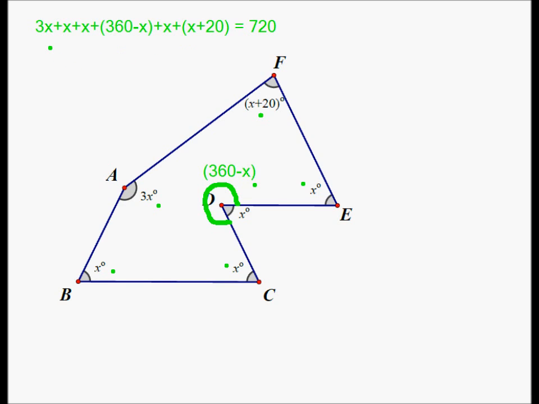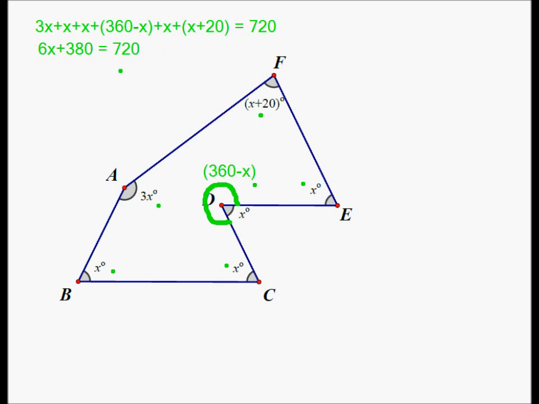So let's simplify the left-hand side of our equation. What I have here is 3x plus x, which is 5x. I'm getting 6x. Then I have 360 plus 20, which is 380.